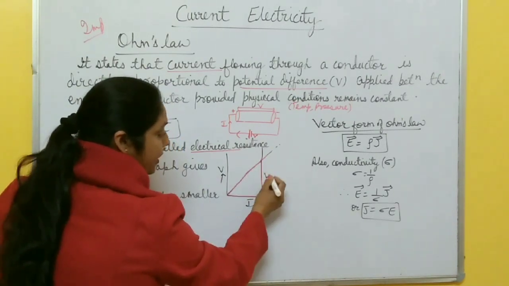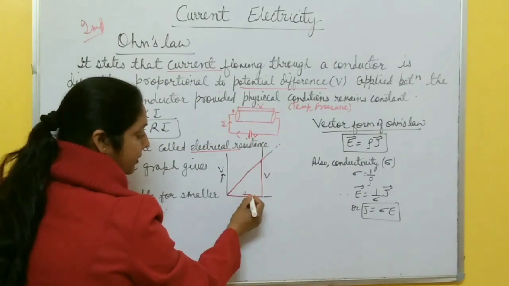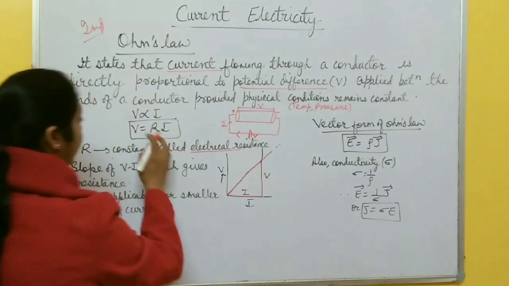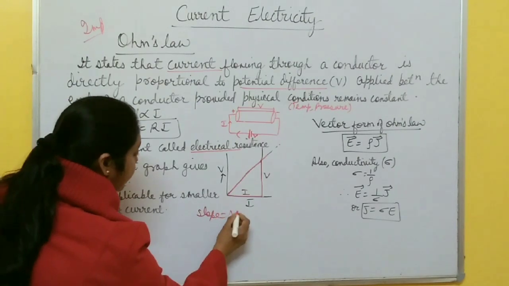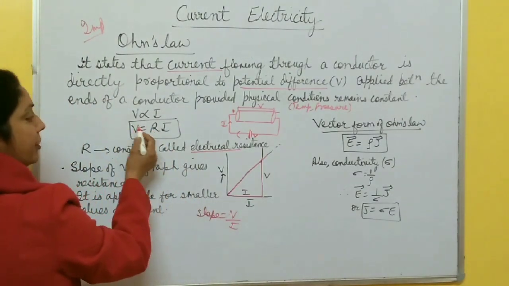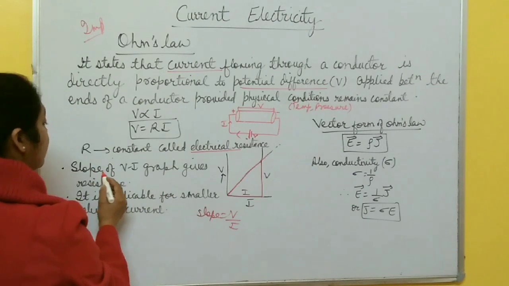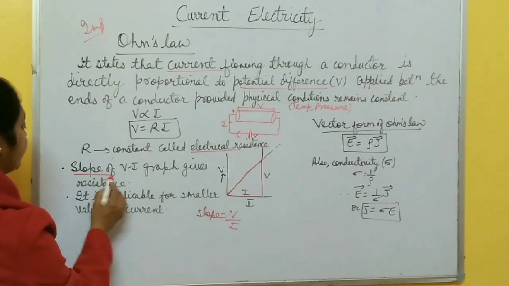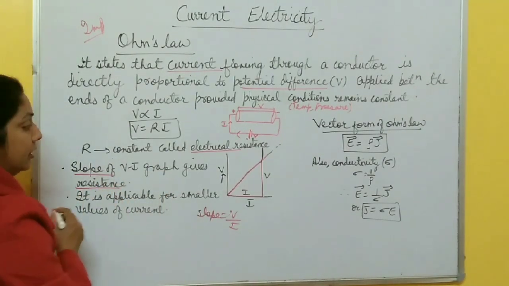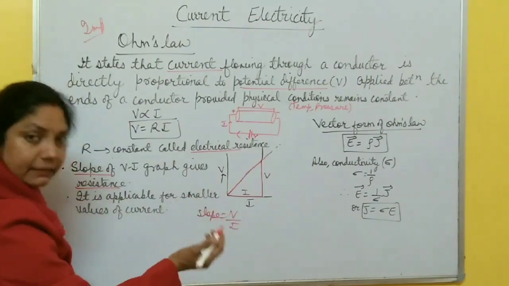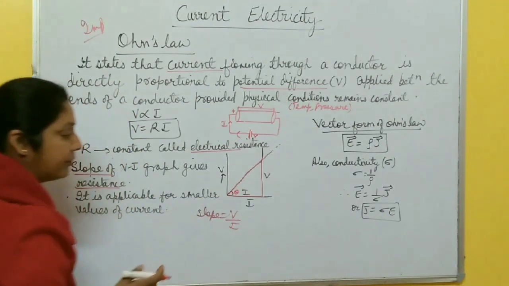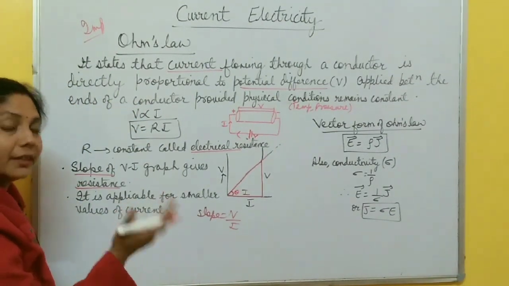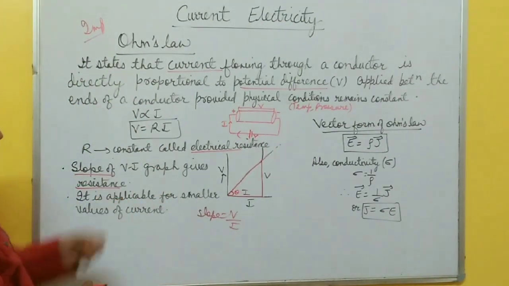The y-axis is V, and the x-axis is I. So the slope is V by I, and V by I is resistance. It means the slope of the VI graph gives resistance. Greater the slope, greater the resistance. You can also calculate slope from this angle theta. Greater is the angle theta, greater is the slope, greater is the resistance.